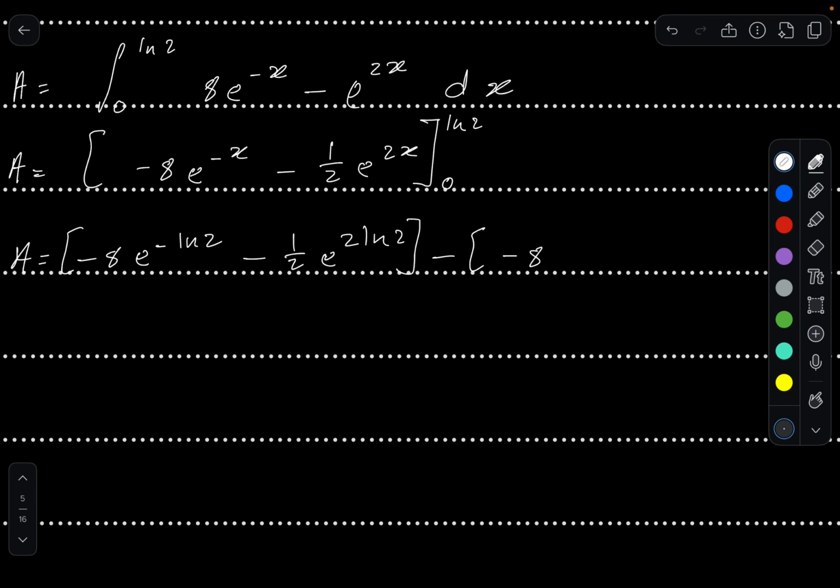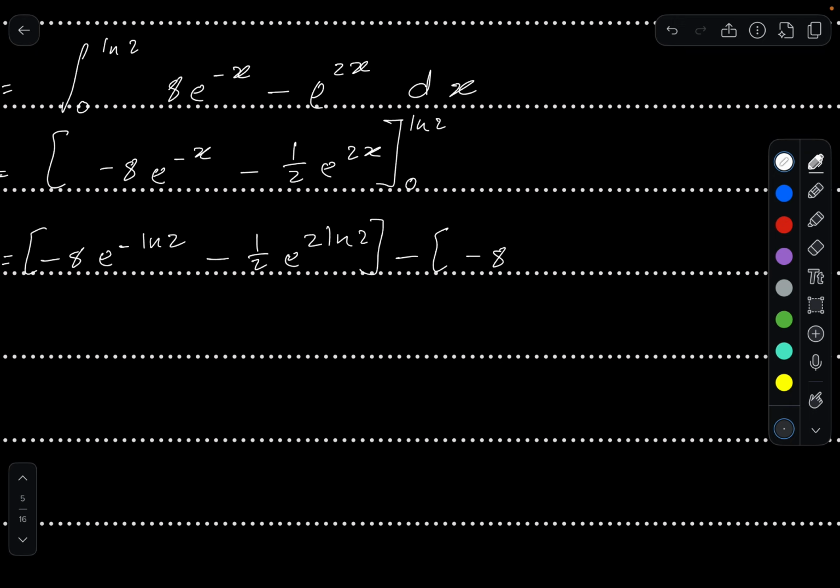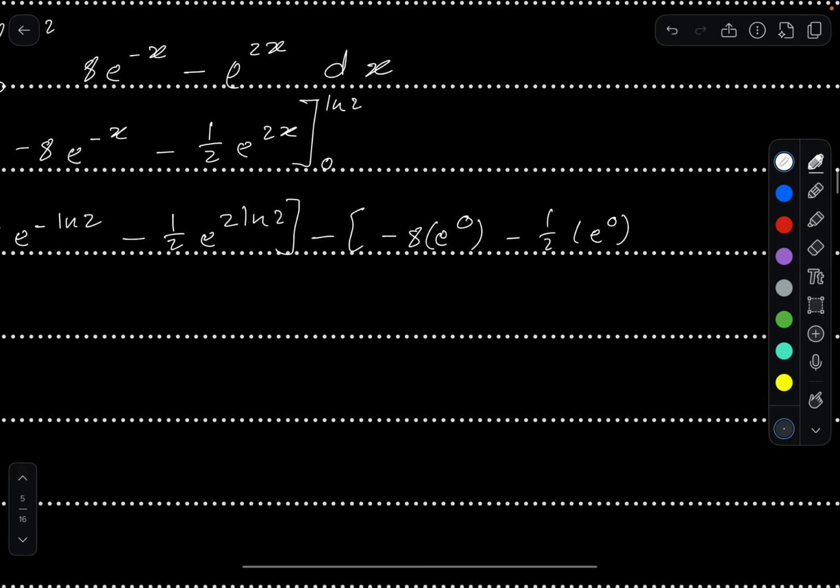It doesn't really work like that. Then we have e^0, which turns into 1, and negative half. But essentially, this will be 1, because I can just put it as e^0 as well.